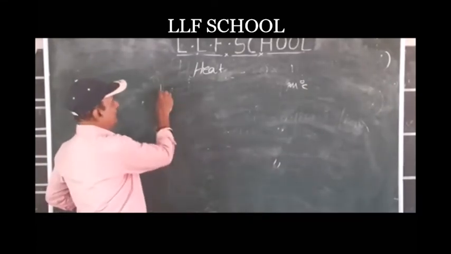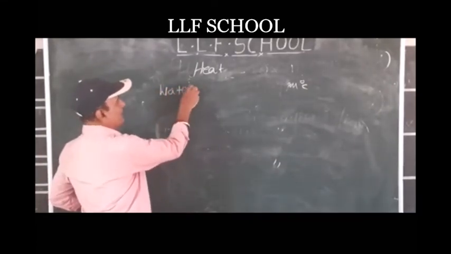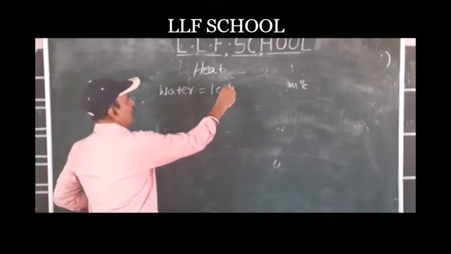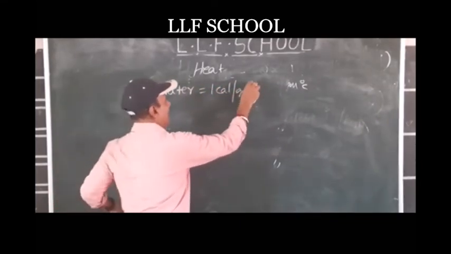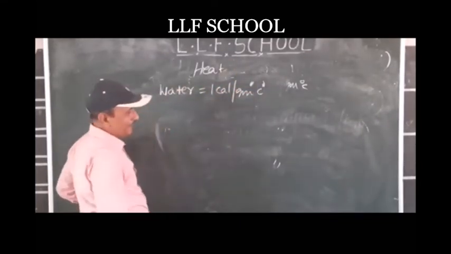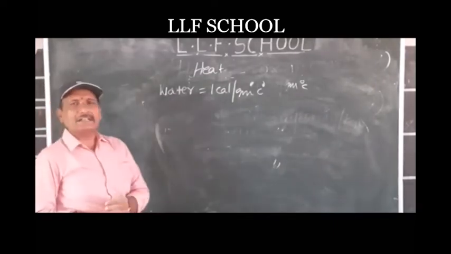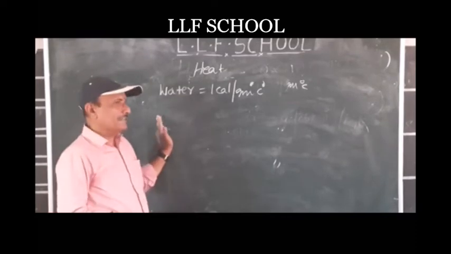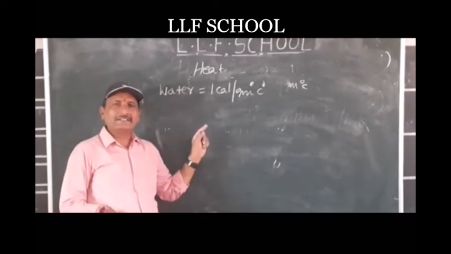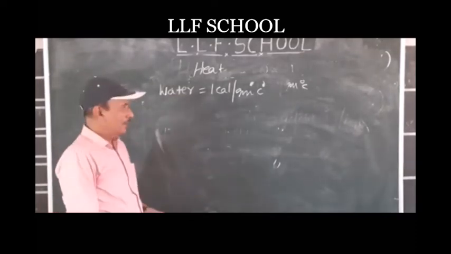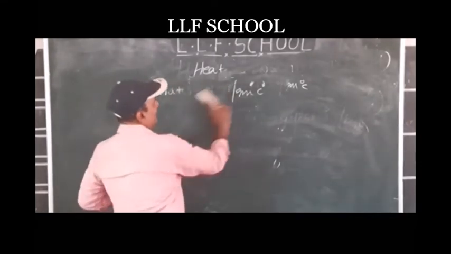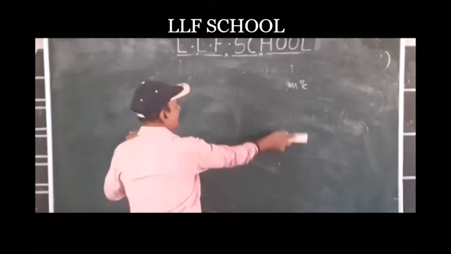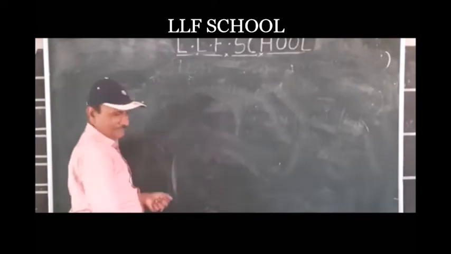Among all of them, the highest specific heat is water, that is 1 calorie per gram degree centigrade. Here are the specific heats of some substances around us. Lead is the least one and water is the highest one. What is the cause for the difference in the specific heats?